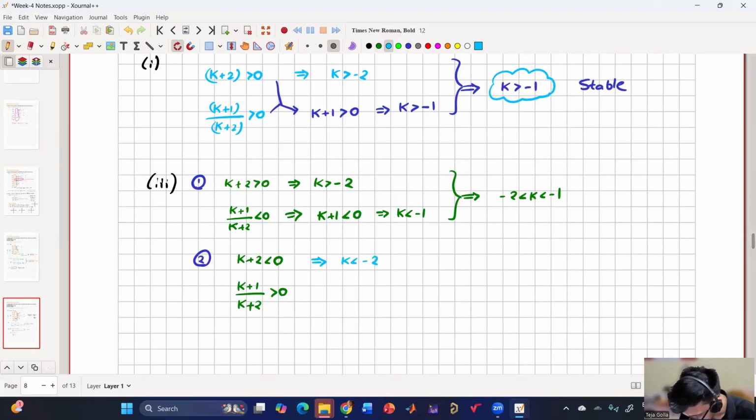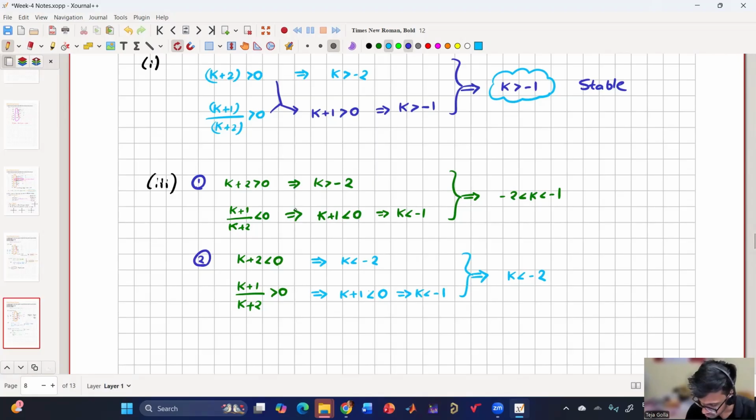The first condition says K is less than minus 2, and the second says K plus 1 also should be less than 0. Because K plus 2 is negative, K plus 1 also should be negative. Then this will say K is less than minus 1, and K is less than minus 2. So if K is less than minus 2, then still the system is unstable.